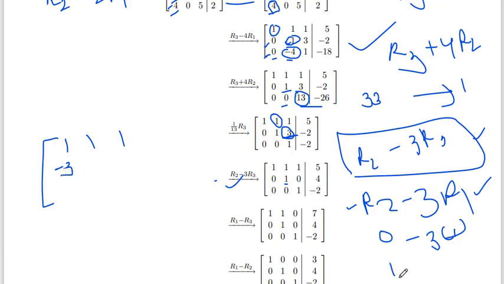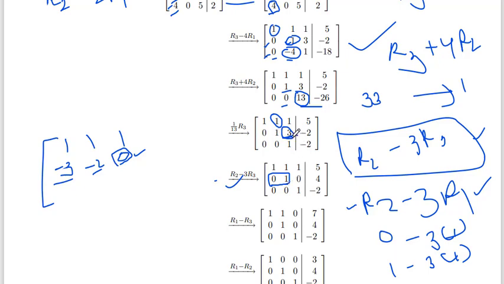Here also 1 minus 3 into 1, we will get minus 2, and here 0. So in one operation we want to make a 0, but you can see that this value will be changed.